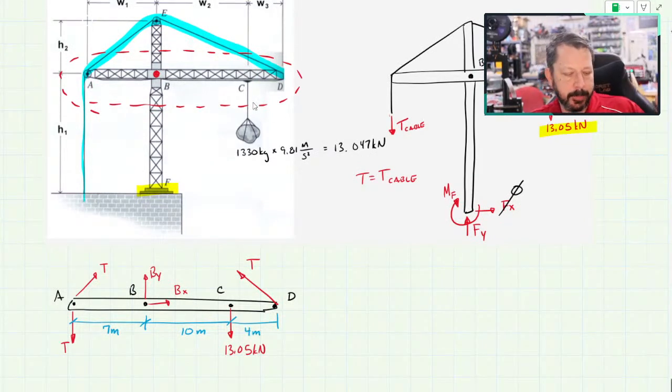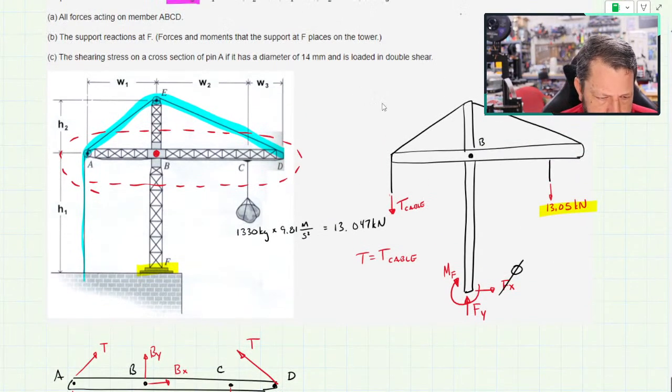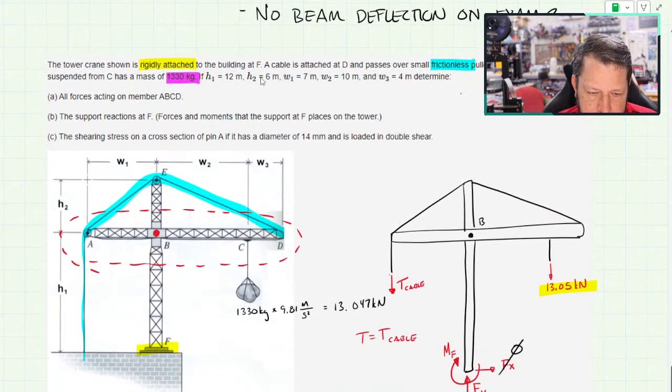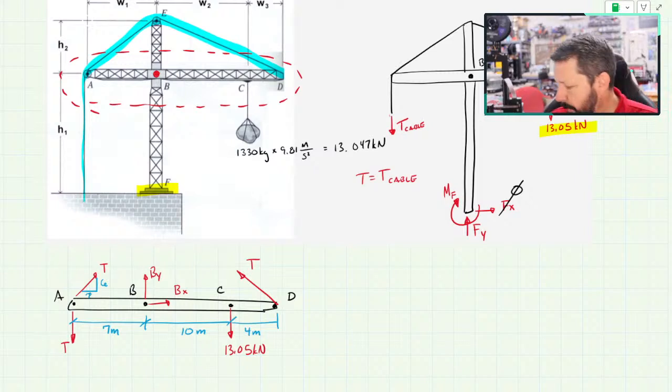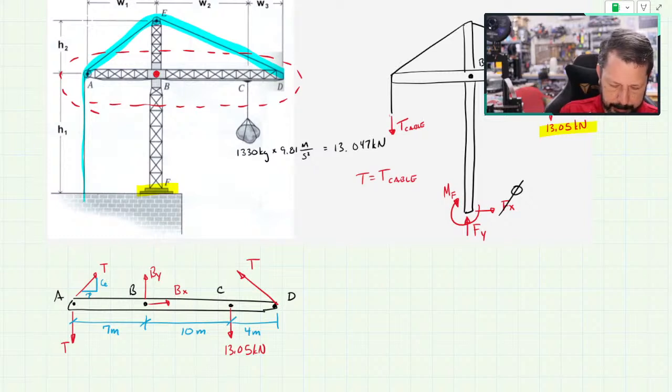The T at A pointing down is just straight down, but the other two are angled. So H2 is 6 meters. So this has a height of 6 and a run of 7, which gives it a hypotenuse of, let's see, 6 squared plus 7 squared, square root of that number is 9.22.